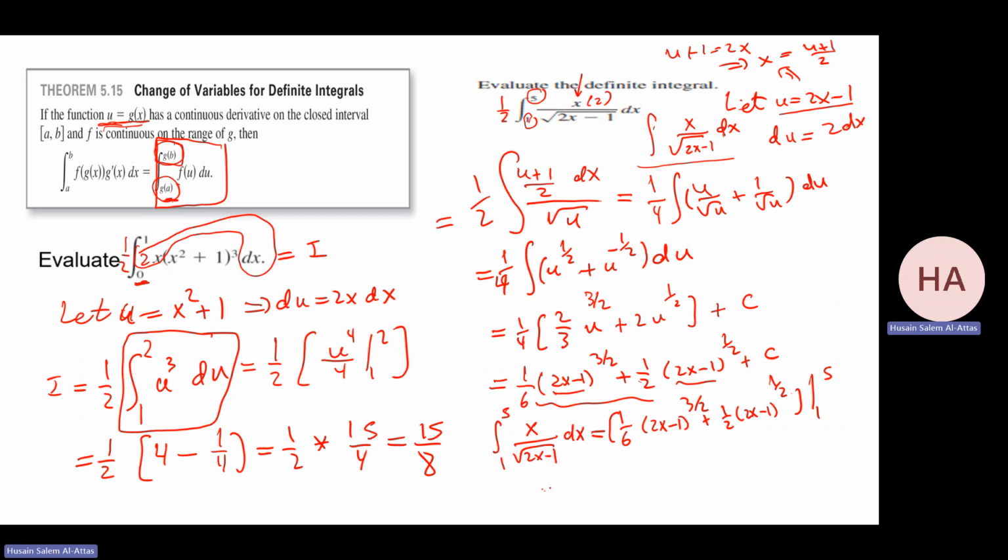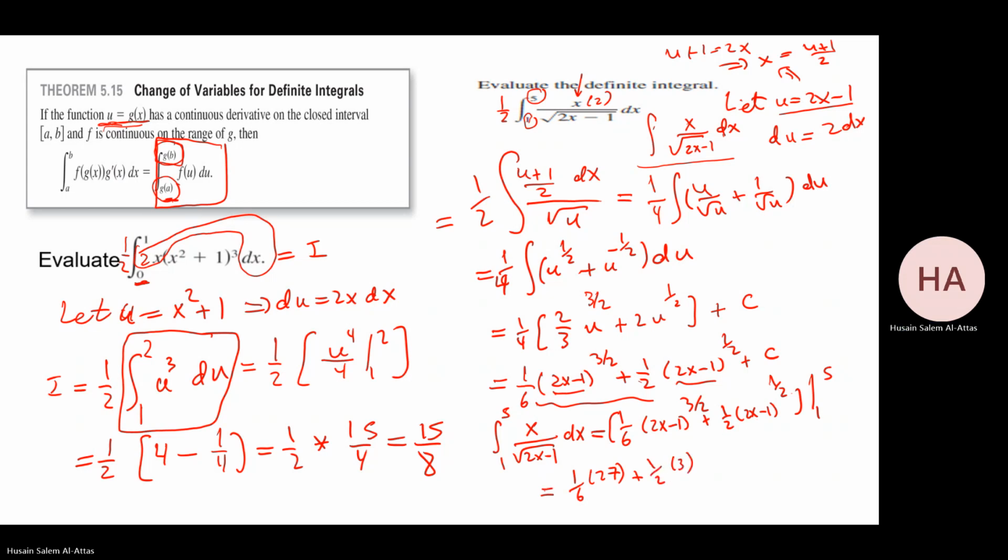Do the calculation. What do you have? 1 over 6 times what? Yeah, the calculation is a little bit complicated. 10 minus 1 is 9, and 9 to the power 3 over 2 is 3 cubed. That will be 27. Plus half, this is 3.